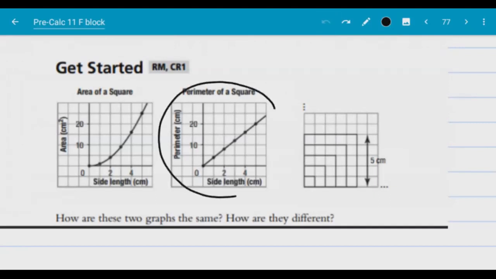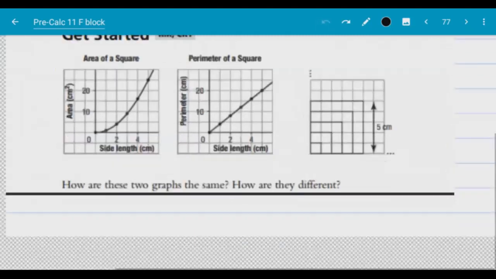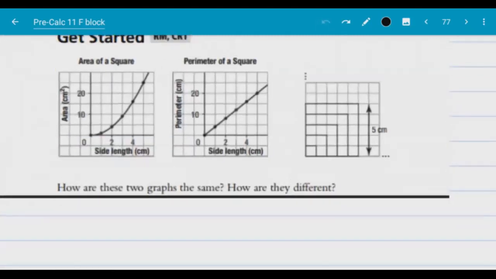Well, this is the graph of the perimeter of a square compared to its side length. Now, how are these two graphs the same? How are they different? Well, as you can see, both graphs are functions that relate a measure of a square to its side length.